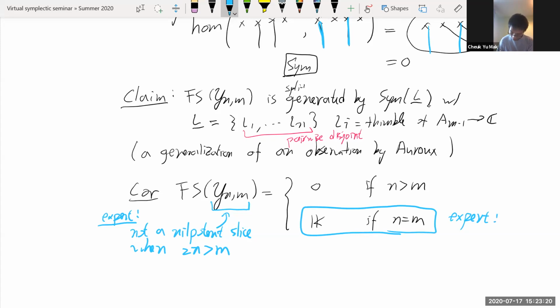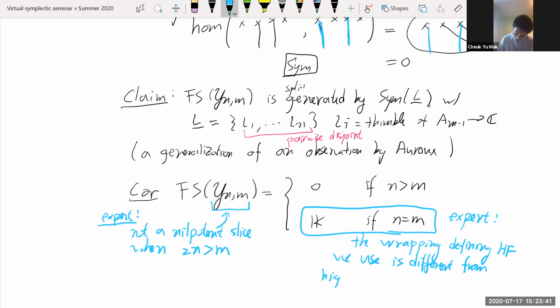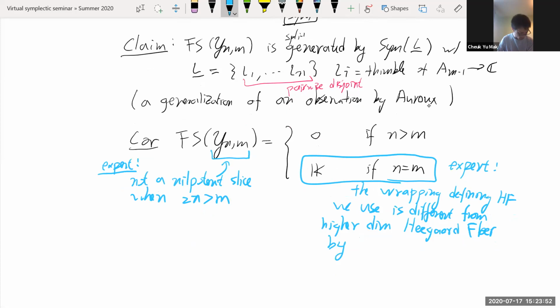But I want to say that the wrapping defining the Lagrangian Floer theory here is different from the higher dimensional Heegaard Floer theory by Colin, Honda, and Yen.